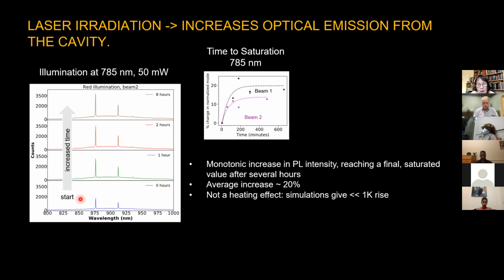Number one, illuminating over 8 hours, we still saw a strong signature, and there was a steady increase in the peak intensities of the vacancy. This is not a heating effect, by the way. We did the experiments. And the average increase in the intensity of the output was about 20%.